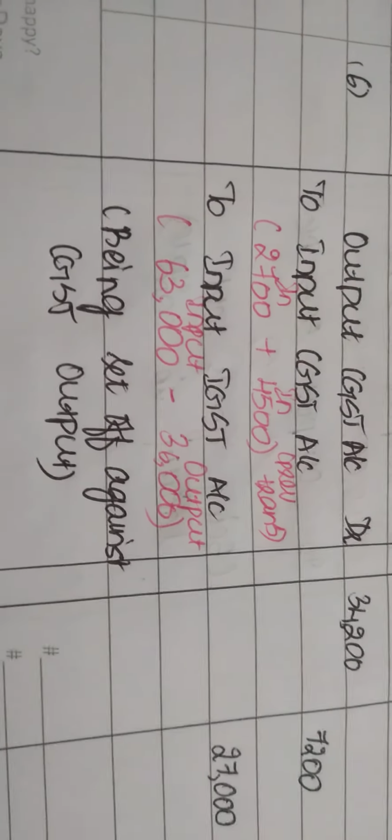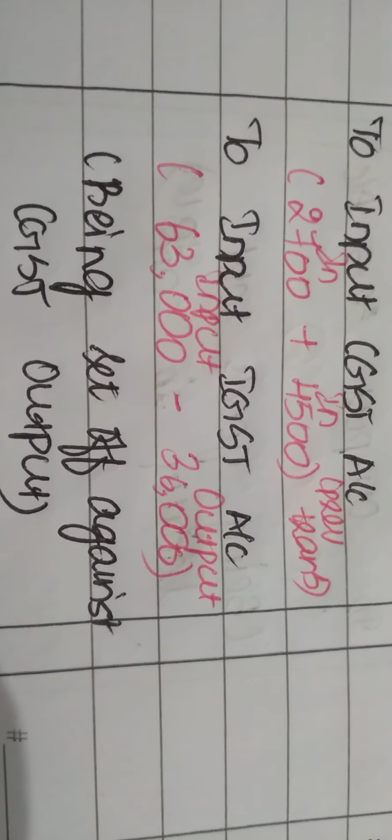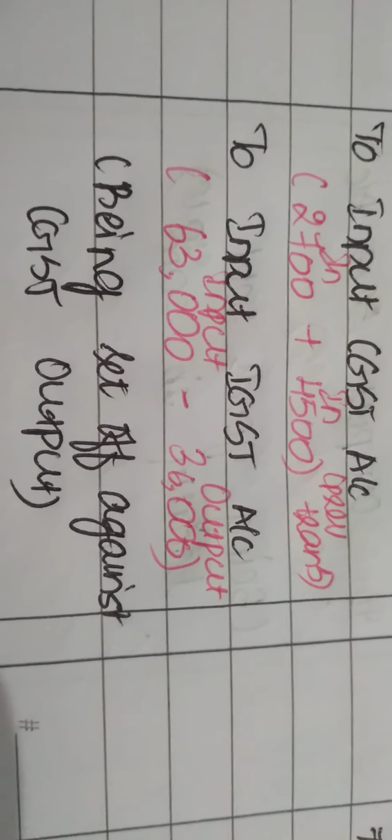Next, 6th transaction. This is for setting off CGST output. So output CGST account debited, the amount to come, to input CGST account. To find out input CGST, add input CGST from your previous transactions, that is 2,700 plus 4,500, 7,200. Then to input IGST account.